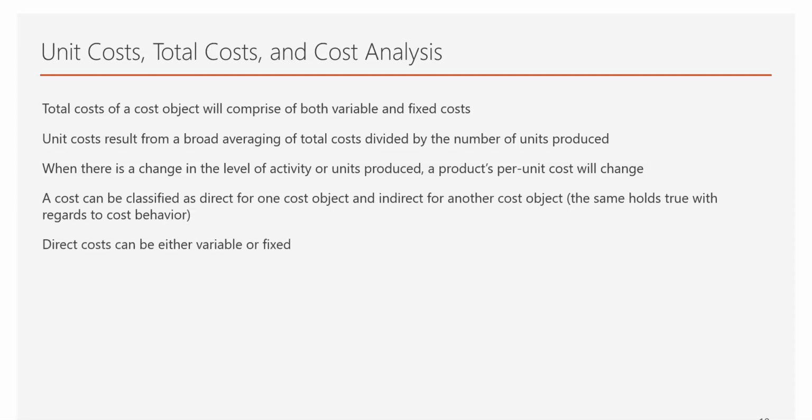So direct costs can be either variable or fixed. And again, I want to state that direct costs are generally going to be variable. However, there are occasions where direct costs can be fixed. But we're going to assume for our purposes that unless otherwise stated, direct costs are going to be variable in nature. However, indirect costs can be either variable or fixed as well.